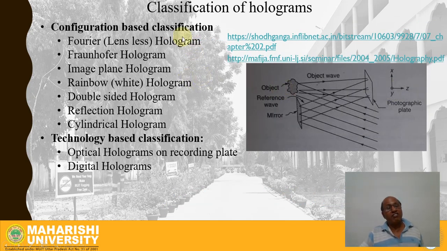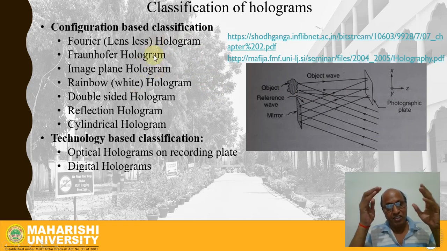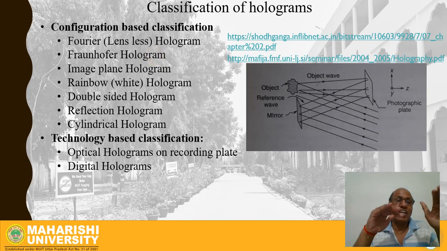See, the other classifications will be more or less using the same type of configurations which we just discussed, like inline or offline. But of course, each type of classification has different applications. Like a Fourier hologram is a lens-less hologram. You don't use a lens in such a hologram.